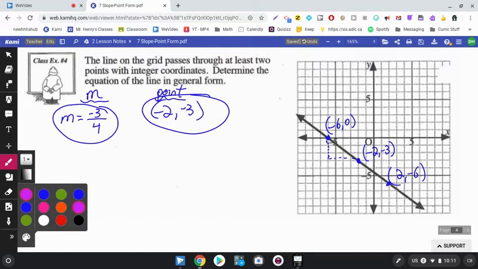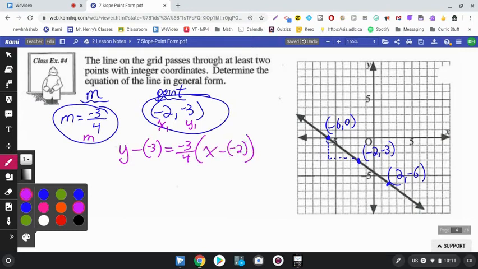It's not going to be general form. I can't jump to general form, but I'm going to go through slope point form. So I have x1, y1. I've got my slope already. Y minus your y value, that would be y minus -3, equals your slope of negative 3/4 times x minus your x value.